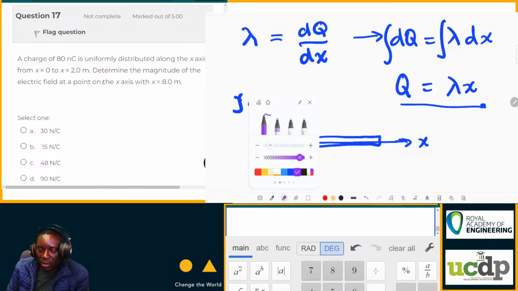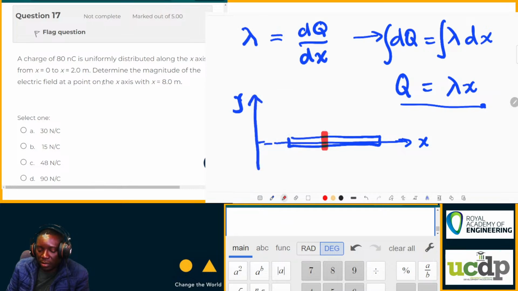So we can have small elements. Sorry about that. This is what I want, this one. That small element constitutes the small charge element dq, and its corresponding length is dx.